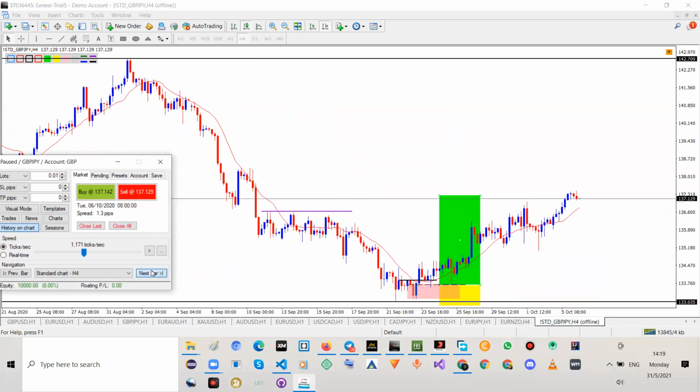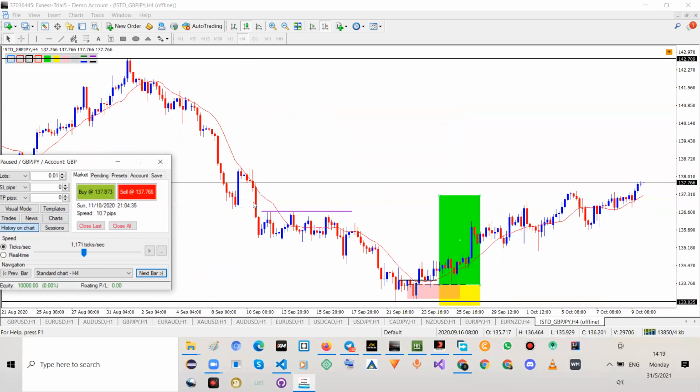As you can see, the take profit would have been hit right there. So that's how you use the order blocks, the bullish order blocks. It's as simple as that, guys. This will maximize your returns and will maximize your win rate.